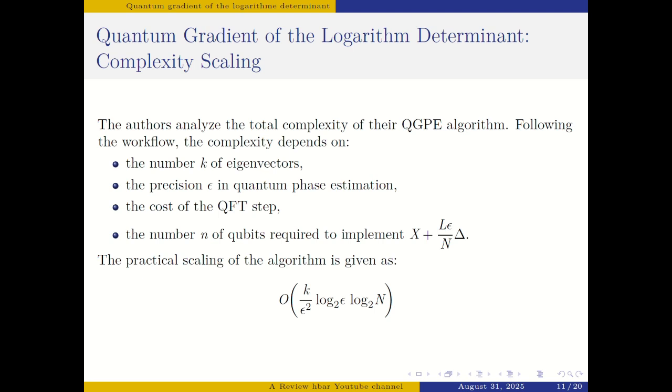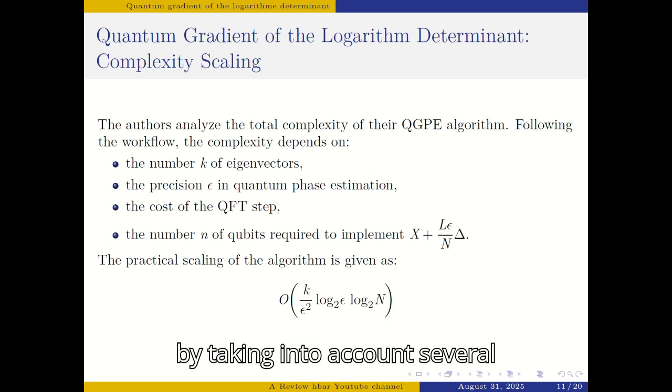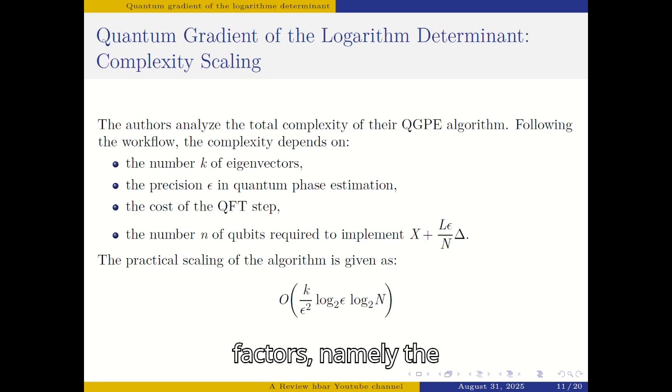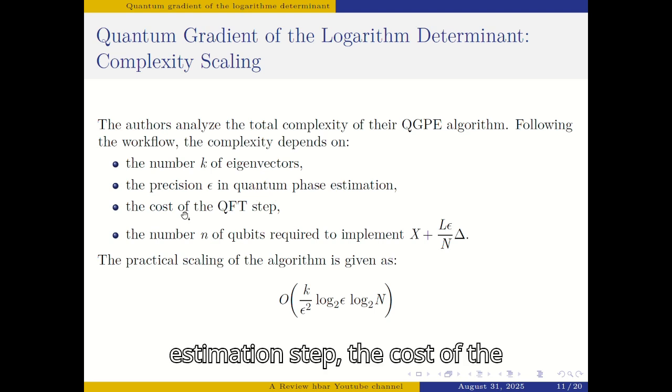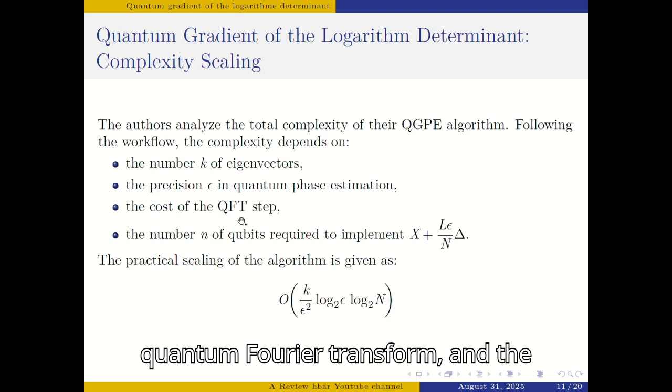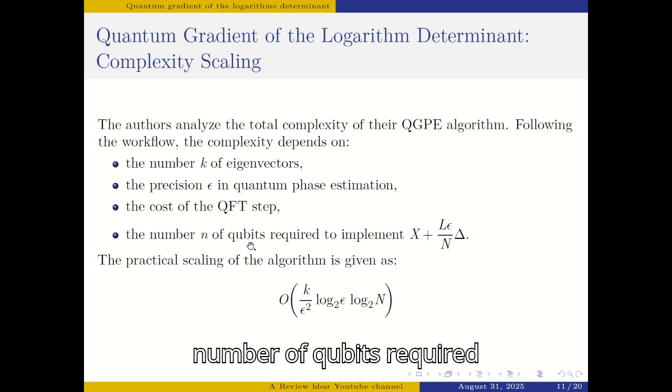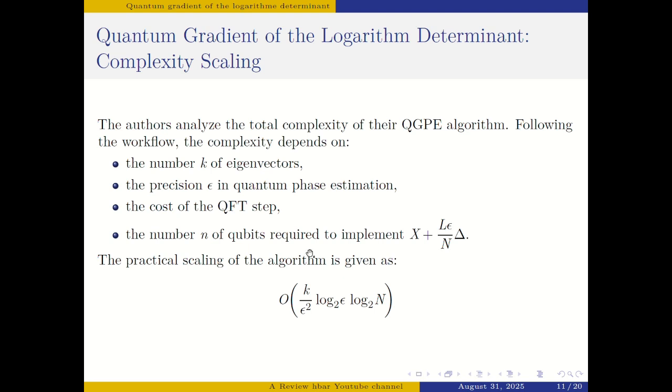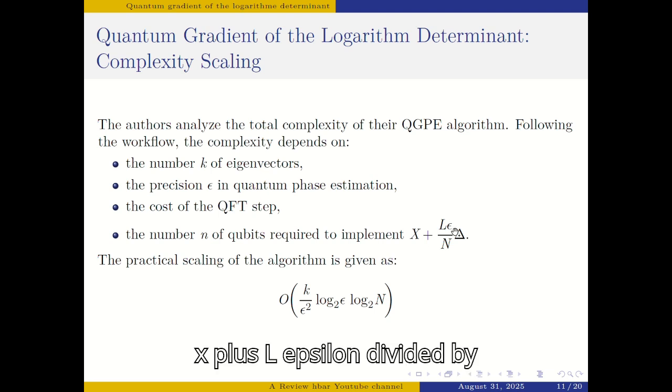By taking into account several factors, namely the number of eigenvectors, the precision epsilon in the quantum fast estimation step, the cost of the quantum Fourier transform, and the number of qubits required to implement the operator x plus L epsilon divided by n times delta, the authors derive the total complexity of their algorithms.